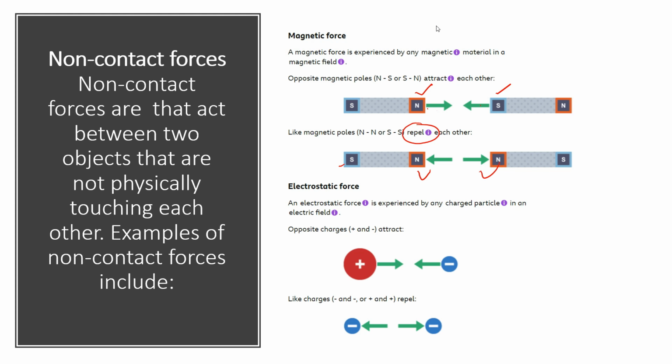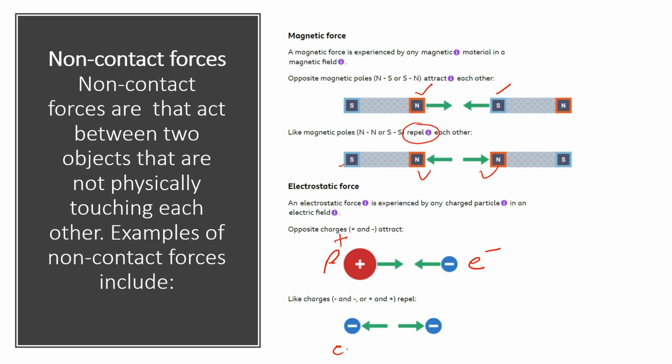Now the next is an electrostatic force. Electrostatic forces are exerted by charged particles. Now I will quickly give you a brief on what a charged particle is. In the atomic world, atoms consist of protons, electrons and neutrons. Protons are positively charged, neutrons are neutral, and electrons are negatively charged. If a proton and an electron come closer to each other, they will attract, because the proton is positive and the electron is negative.